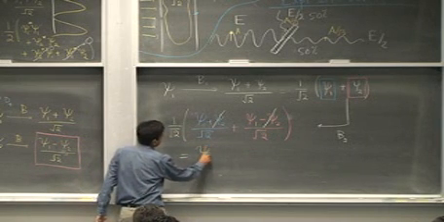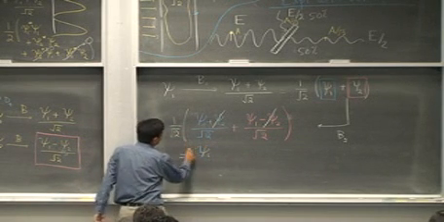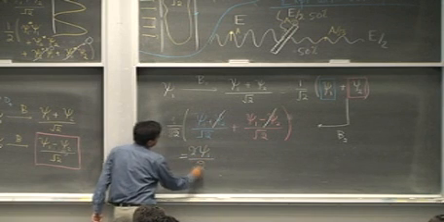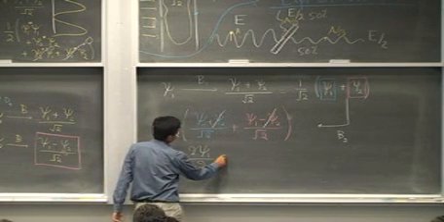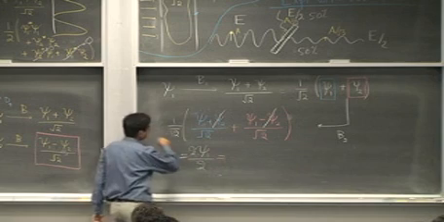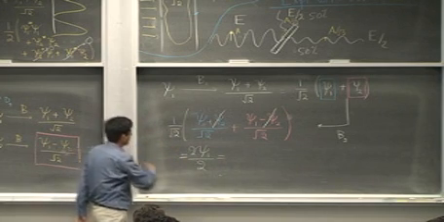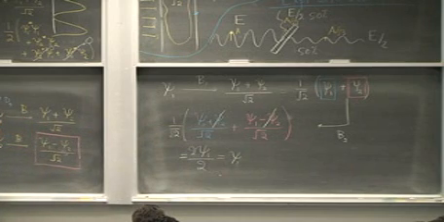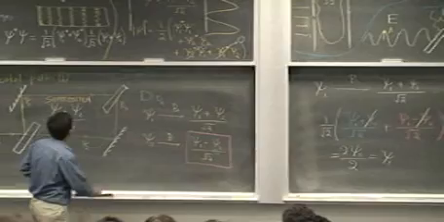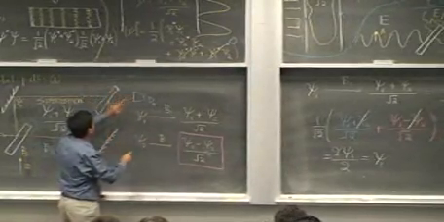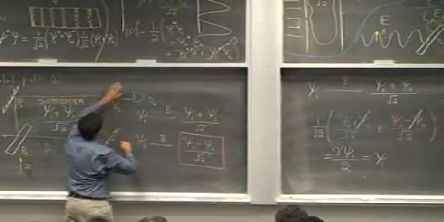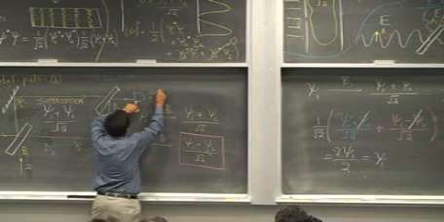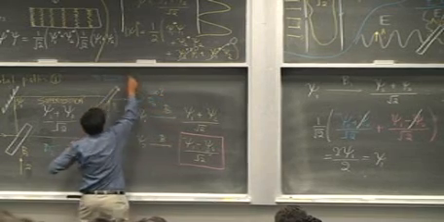psi1. 2 times psi1 over 2, which is psi1. So my output is along, say, either D3 or D4, say D4, and it clicks with 100% probability, and D3 clicks with 0% probability.